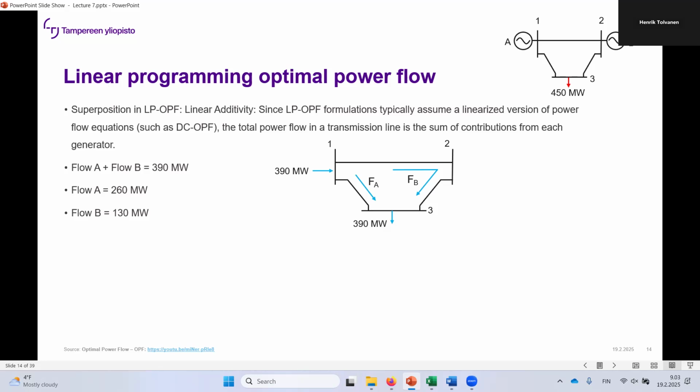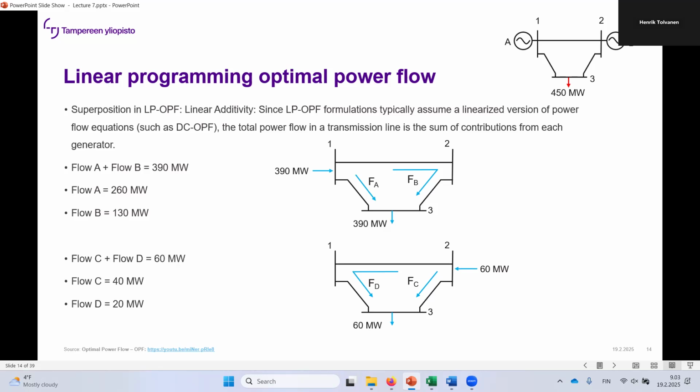Yeah, more or less. And then if you have 60 megawatts of power in here, again the 1 to 3 line has twice the length, so twice the reactance, and 2 to 3 is going to be twice as large in terms of power flow. So 40 megawatts from FC and 20 megawatts from this flow D.